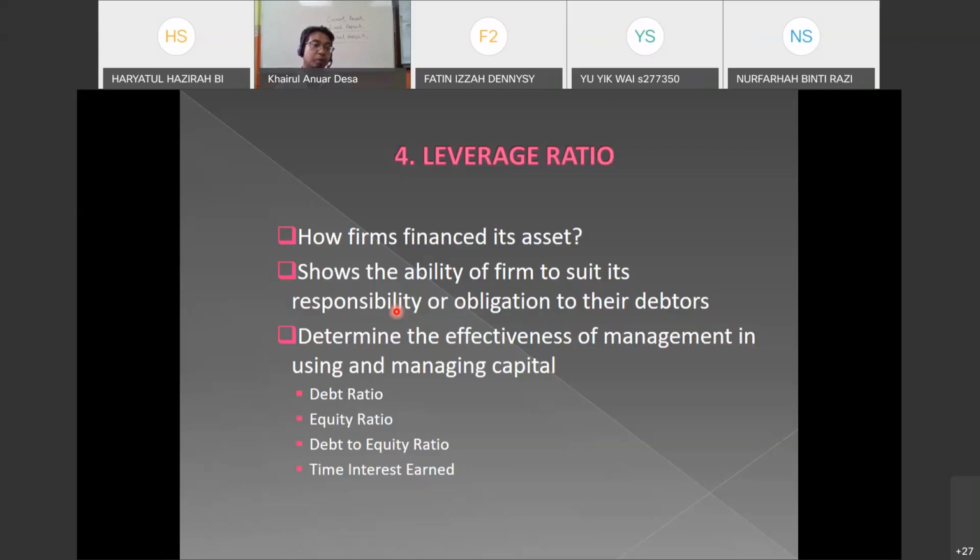So bagaimana syarikat finance ataupun membiayai pembelian aset mereka? Okay, the second one is show the ability of the firm to suit its responsibility or obligation to their debtors. Bagaimana keupayaan syarikat kita membayar balik kepada pihak bank.